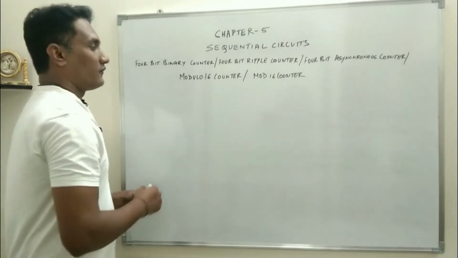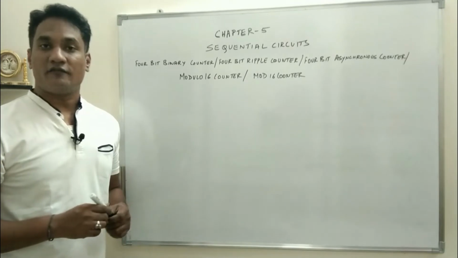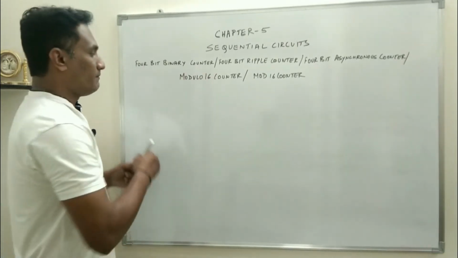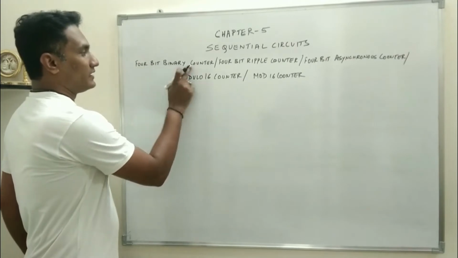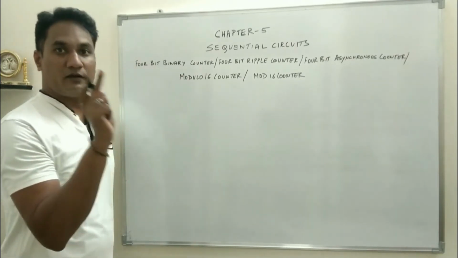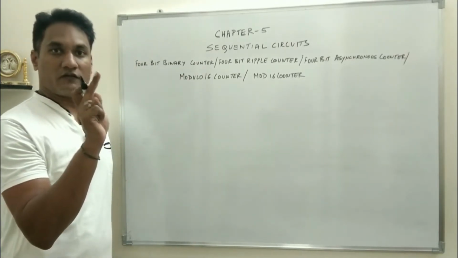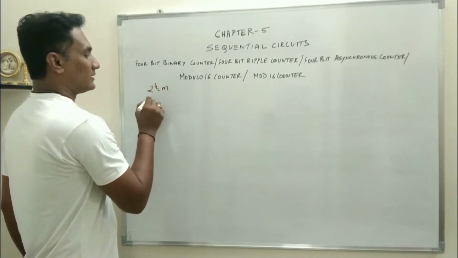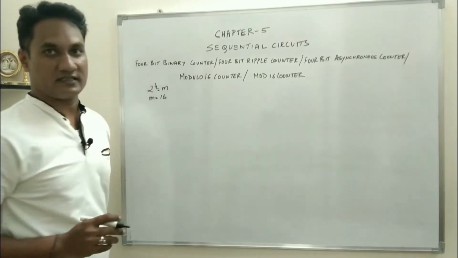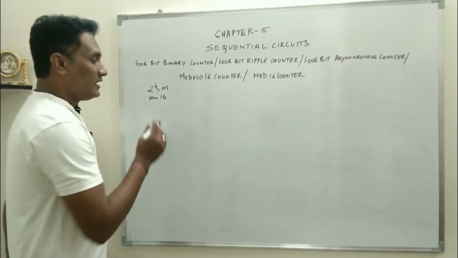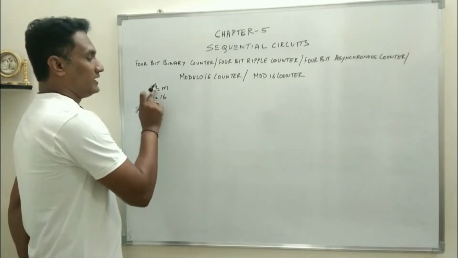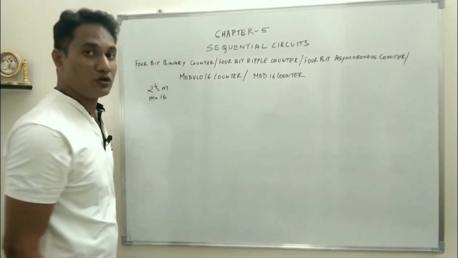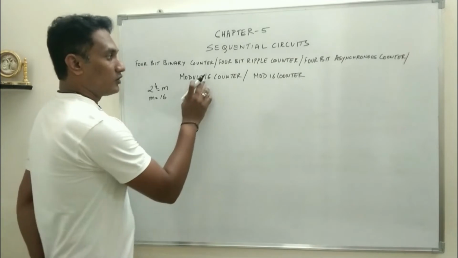Of course, first you have to decide the number of flip-flops. There are two ways, both the things have been mentioned in the question. That 4-bit binary counter, for 1 bit 1 flip-flop, therefore for 4-bit 4 flip-flops. So 2 raised to power 4 equals m, that means m is equal to 16. This is one way of identifying how many counts will be there if the number of flip-flops is given. Suppose the question has been asked to design a modulo 16 counter. So what is modulo 16?